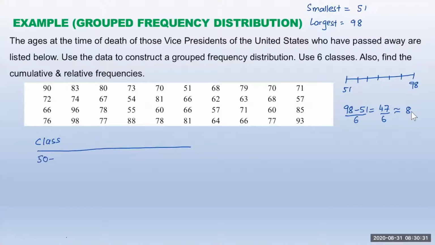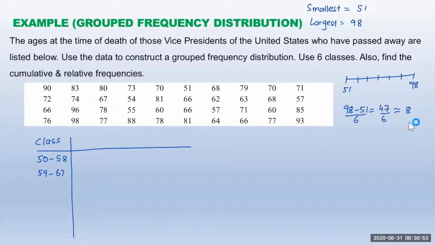a difference of 8. So 50 plus 8 is 58. That is my first class: 50 up to 58. After 58 is 59. 59 plus 8 is 67.